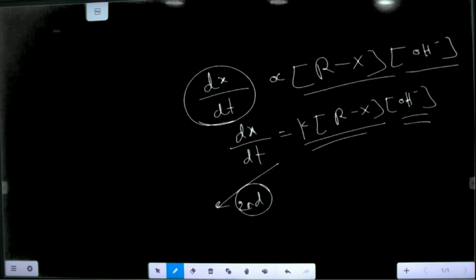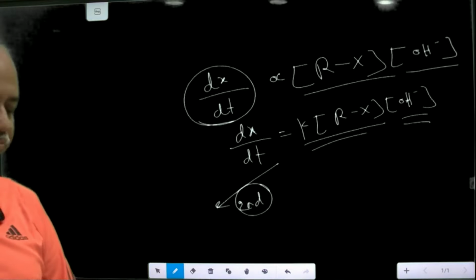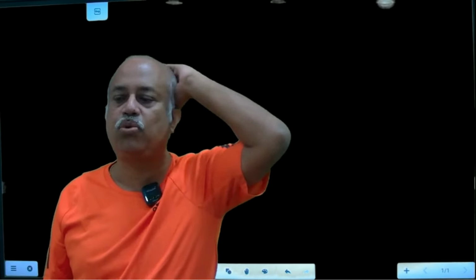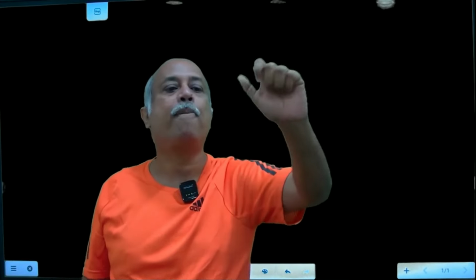Next, I will discuss the stereochemistry of the SN2 mechanism. When I discussed the SN1 mechanism, both inversion of configuration and retention of configuration occurred.